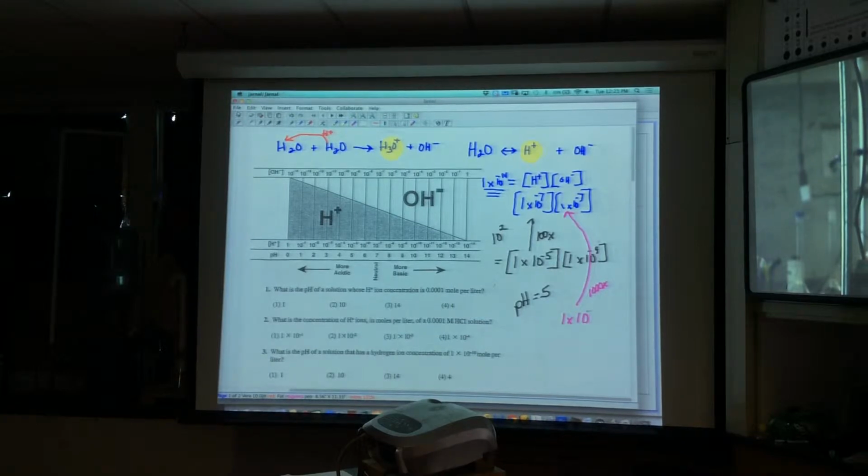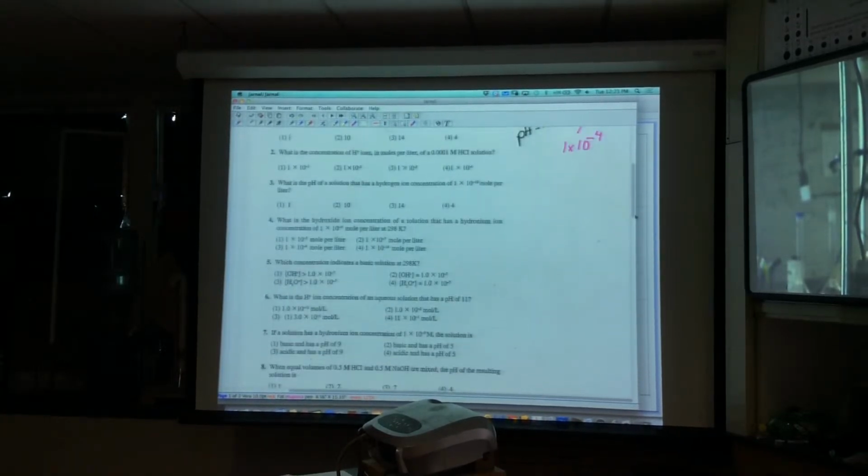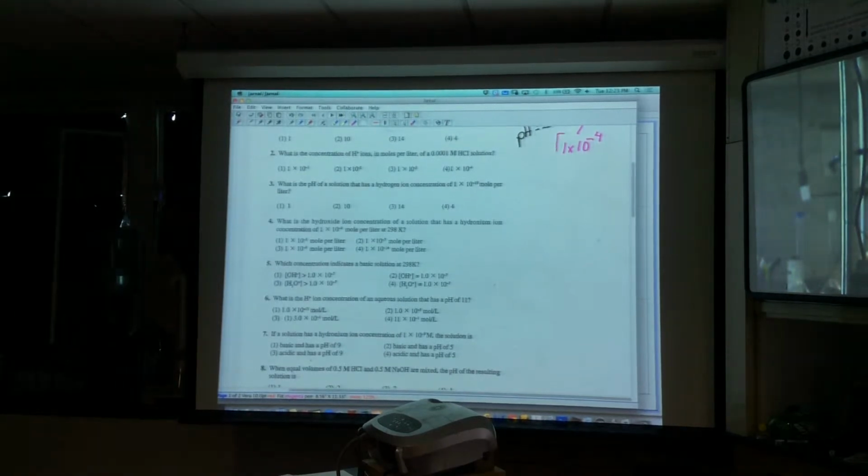My friends in chemistry, what's the pH now? Is the pH 4? This is my hydroxide concentration. It's all about, no, it's not all about that base. It's all about the H. So what's the H? If the hydroxide is 1 times 10 to the negative 4, the H plus or the H3O plus, they're synonymous.